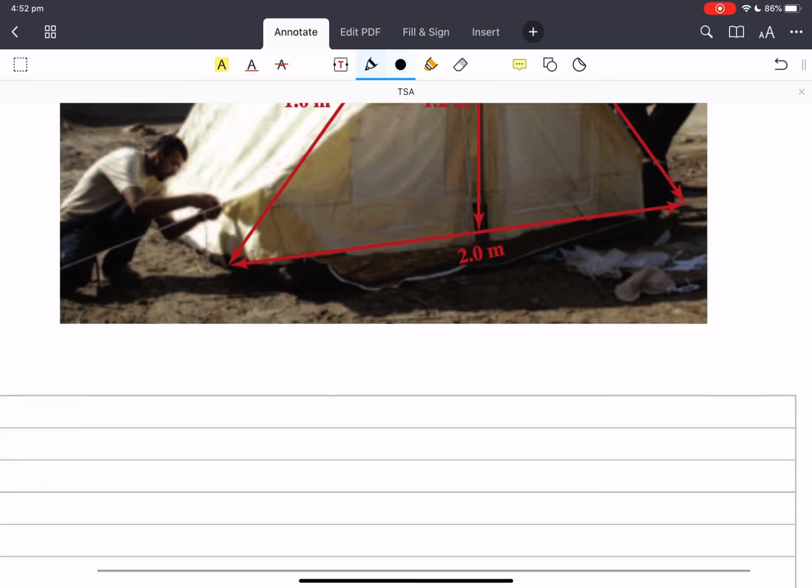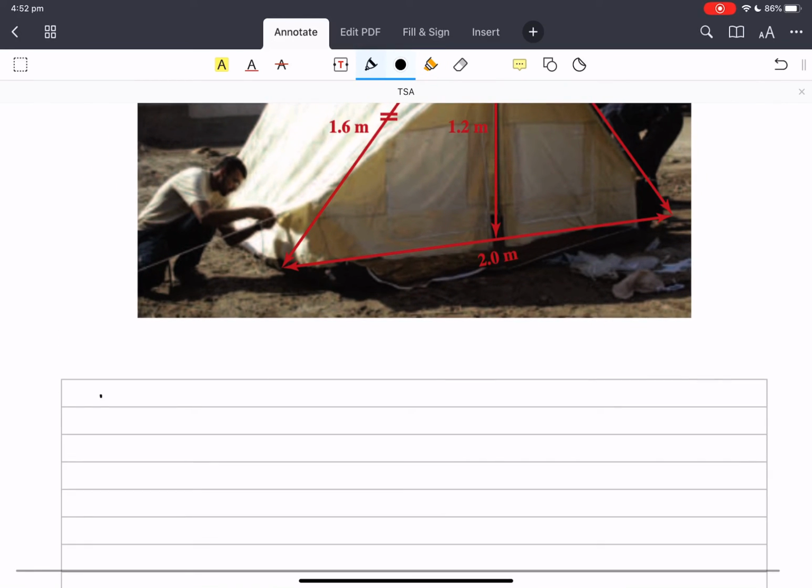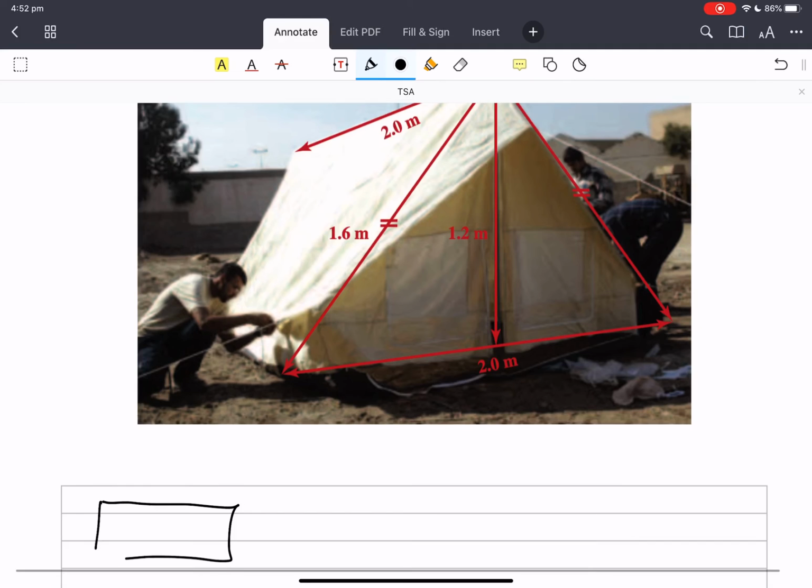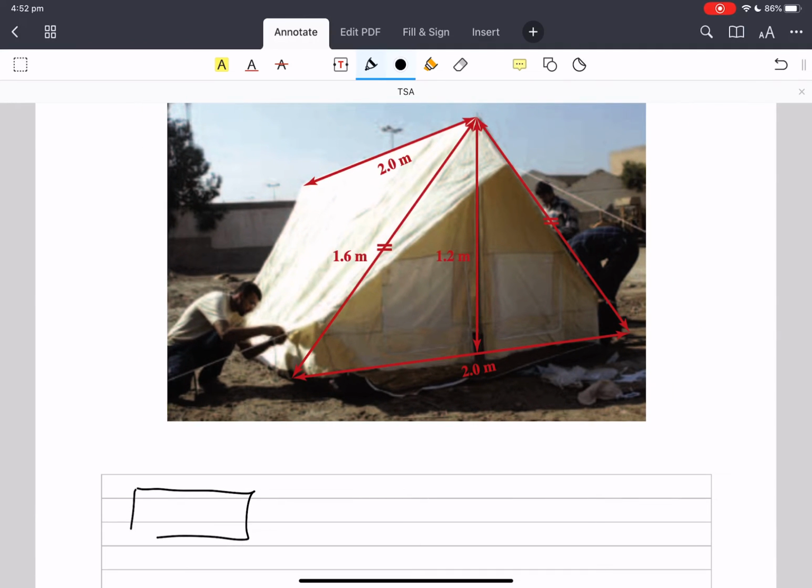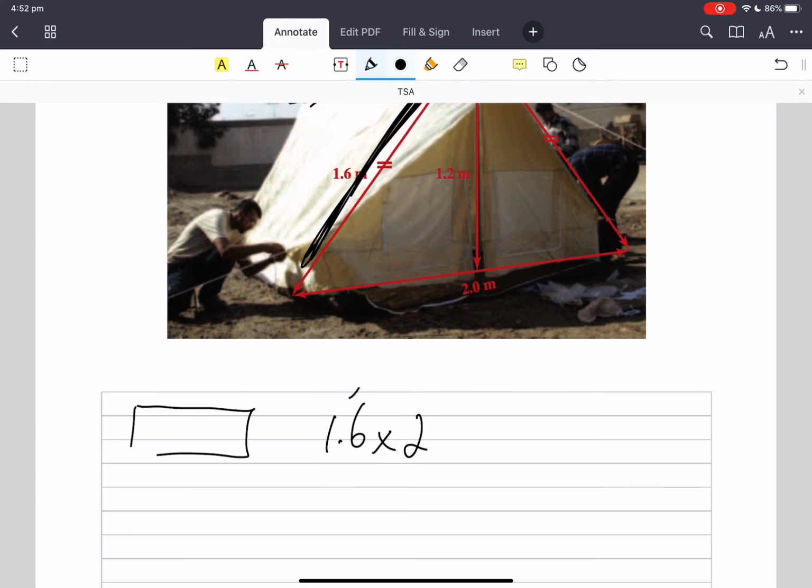So with your rectangle, it's 1.6 times 2, because it's length times width. Decimals everywhere, 3.2, but guess what?